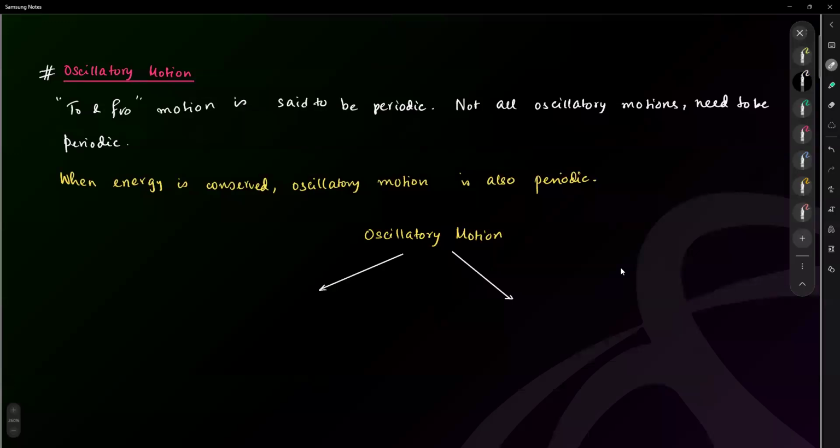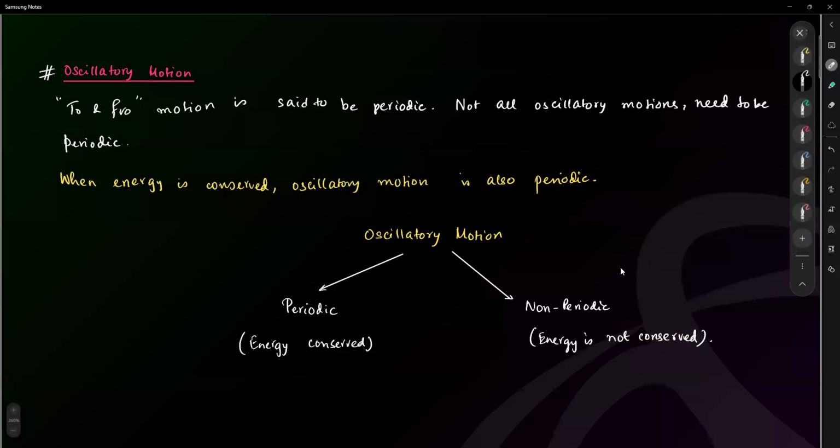One, it can be periodic, where energy is conserved, and it can be non-periodic, where energy is not conserved. Okay?